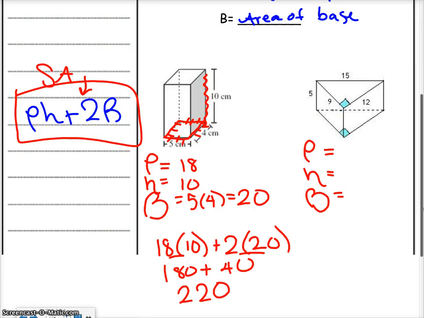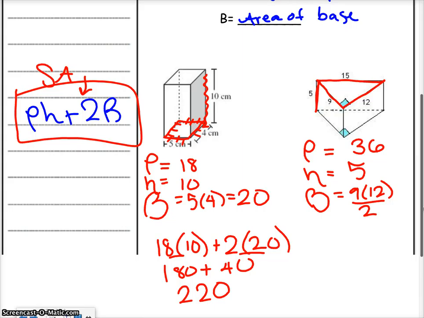Okay, so perimeter of the base, 9 plus 12 plus 15. What is that? Uh-oh. 27 plus 9, 36. Height of my prism, 5. Big B, area of my base. I multiply whatever creates the right angle. So it's going to be 9 times 12 divided by 2.